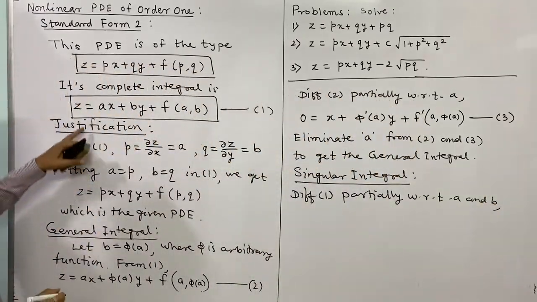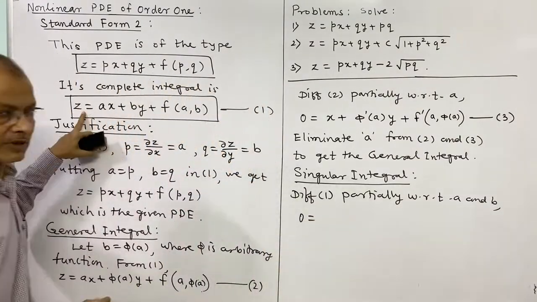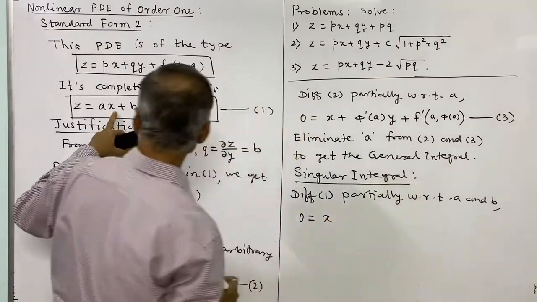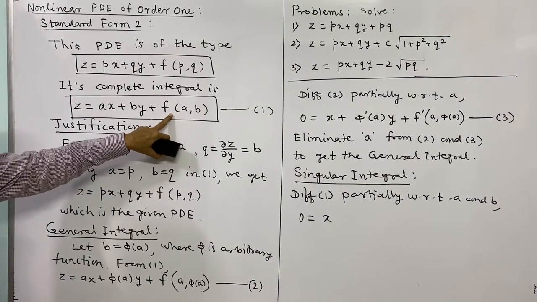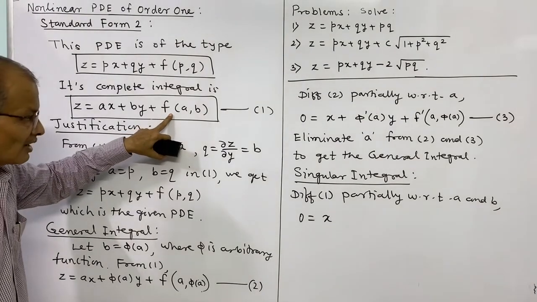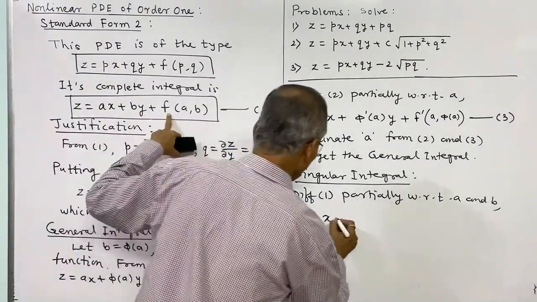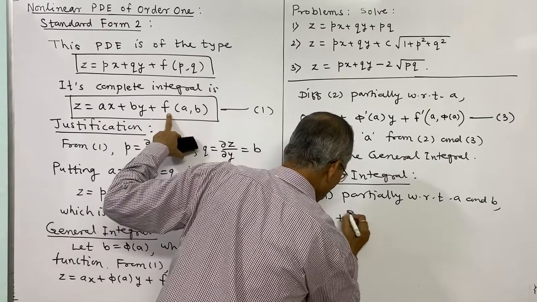So what we shall get, again, the partial derivative of z with respect to a is 0, and this will be x, and this is 0, and this is the partial derivative of f. This is a function of a and b, and we have to differentiate partially with respect to a. So therefore this we should write as dou f by dou a.